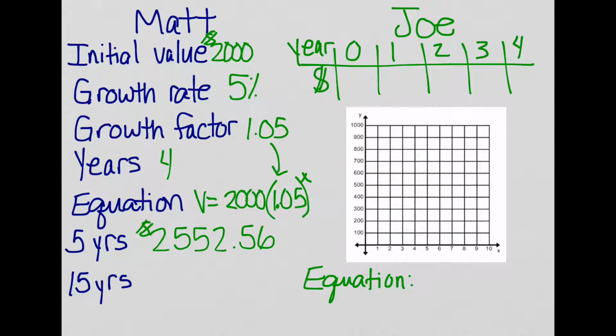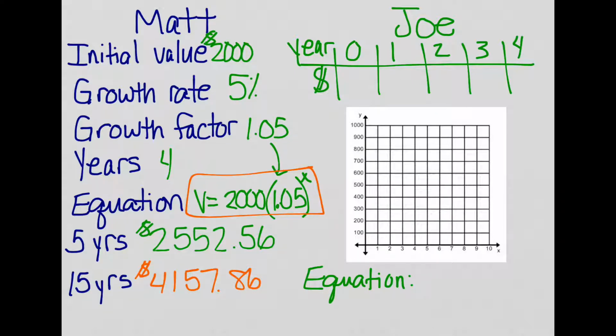But if you wanted to find out how much it's worth in 15 years, that'd be kind of gross to keep multiplying that way. So maybe it'd be way better to use our cool explicit equation and just pop a 15 in there for x and figure that out. And you should come up with $4,157.86, which is a great way to save for college.